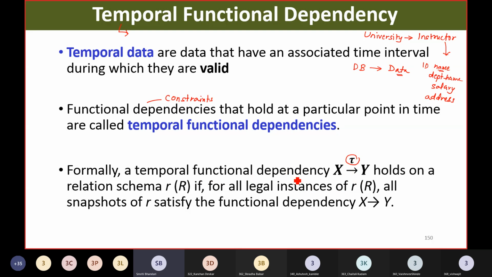Formally, a temporal functional dependency X to Y holds on a relation schema R if for all legal instances of relation r on R, all snapshots of r satisfy the functional dependency X determining Y. What does it mean? We have seen this word snapshot earlier. What is a snapshot?